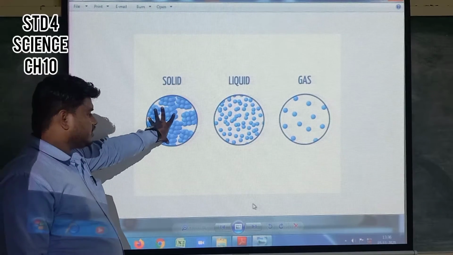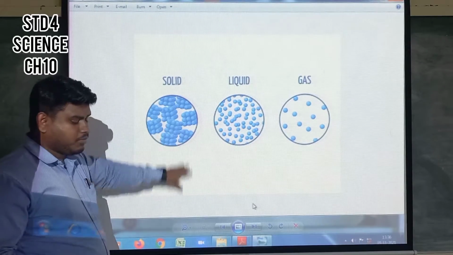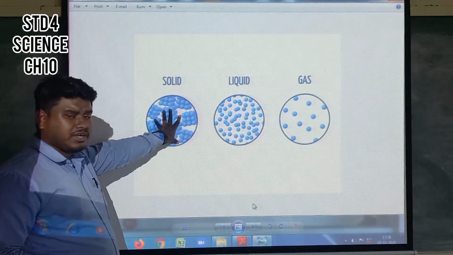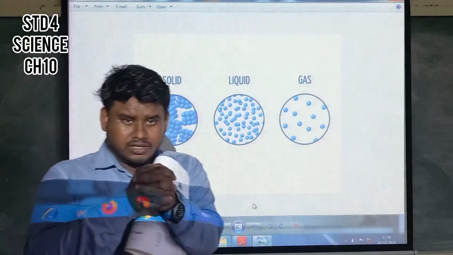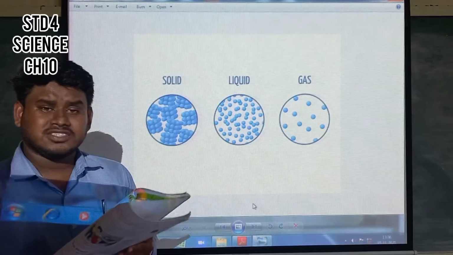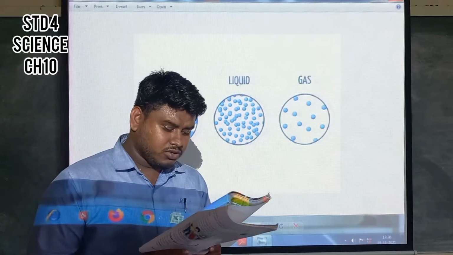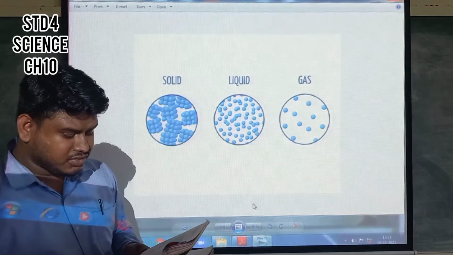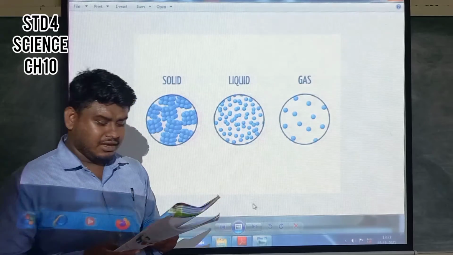Their bonding is so strong, and the force of attraction is very great. Because the molecules are packed together, they cannot move about freely. This is what gives solids their shape and makes them hard.